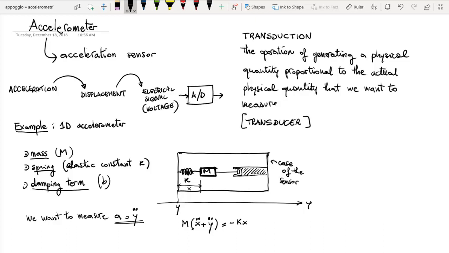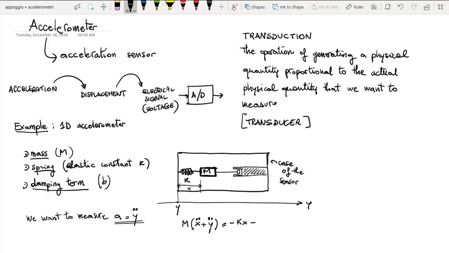And then we have a damping term, which is a force going in the opposite direction of velocity. So if x is increasing, so we have a positive velocity, x prime is positive, then this damping term pushes the mass in the opposite direction, in the sense that it brakes it.